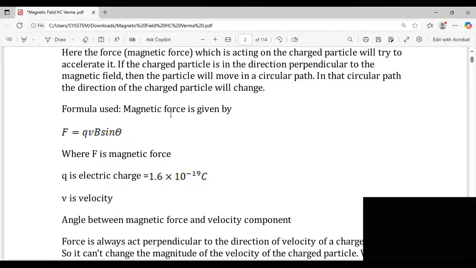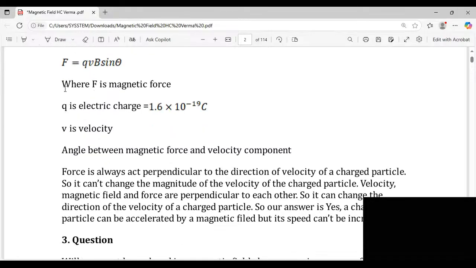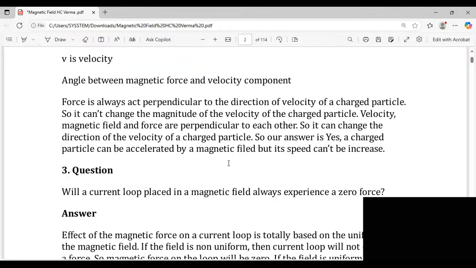The formula used: magnetic force is given by F = qvB sin theta, where q is electric charge, 1.6 into 10 to the power minus 19 coulomb, v is velocity, and theta is the angle between the field and velocity. Force always acts perpendicular to the direction of velocity of a charged particle, so it cannot change the magnitude of the velocity of the charged particle.